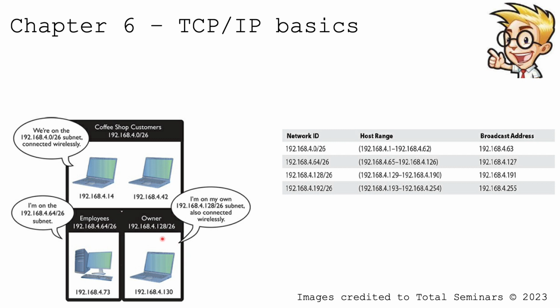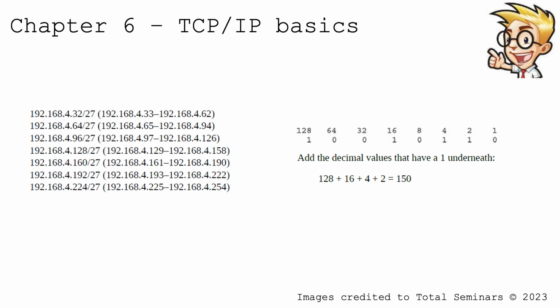And the third will be on the owner, or I guess CEO, segment. So depending on how you want to design your network, you can isolate it to where they can't talk to each other. Or you could leave it open. You can allow them to.